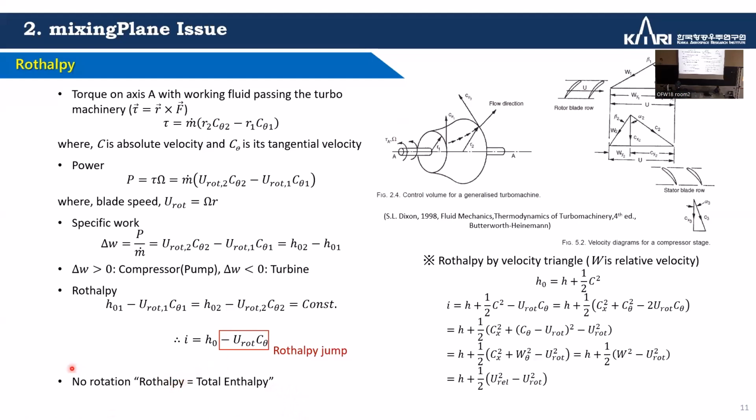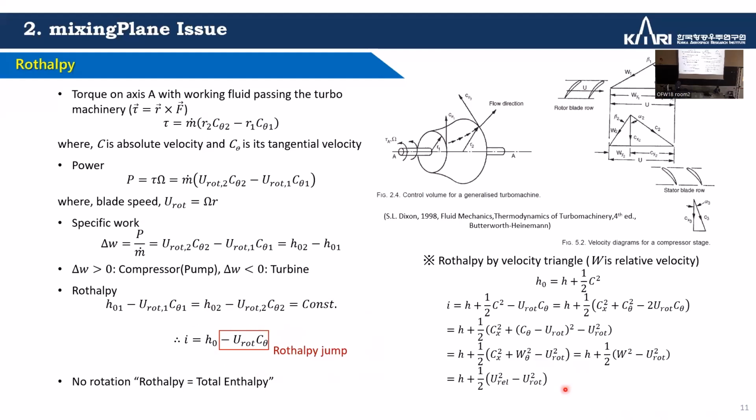I mean, if there is no rotation, the rothalpy value is like total enthalpy, and the definition is this equation. So it is total enthalpy plus one more term. U rotation means the blade rotational speed, and C theta, or U theta, means the working fluid tangential velocity, and this multiplication is called the rothalpy jump.